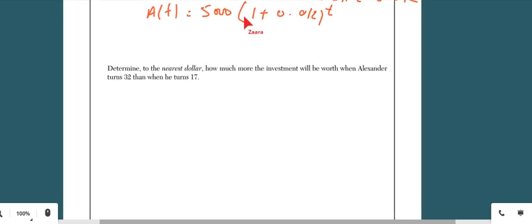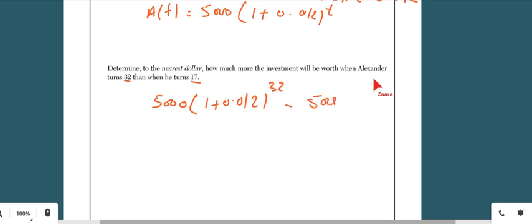Next question. Determine to the nearest dollar how much more the investment will be worth when Alexander turns 32 than it was at 17. So we have to take 5,000 times 1 plus 0.012 at 32 minus 5,000 times 1 plus 0.012 at 17.